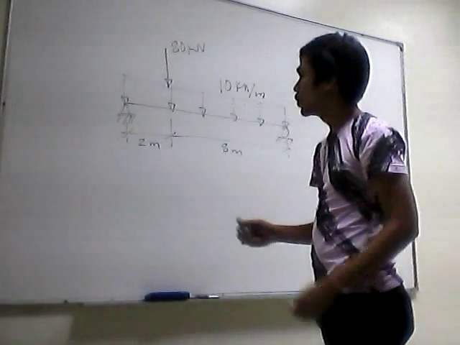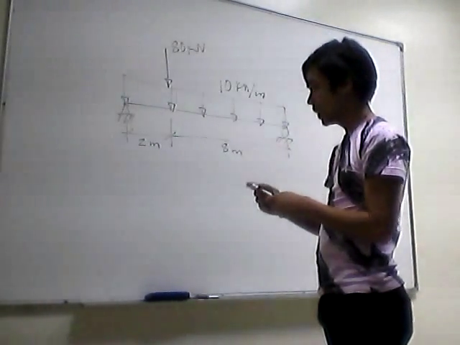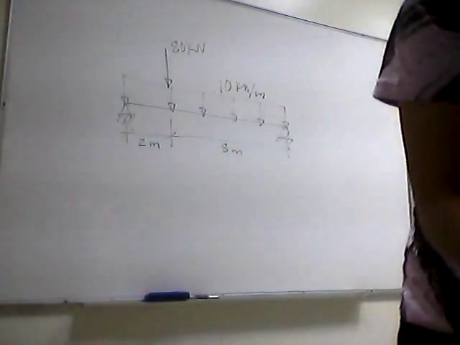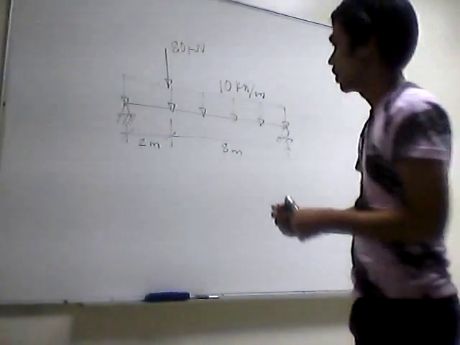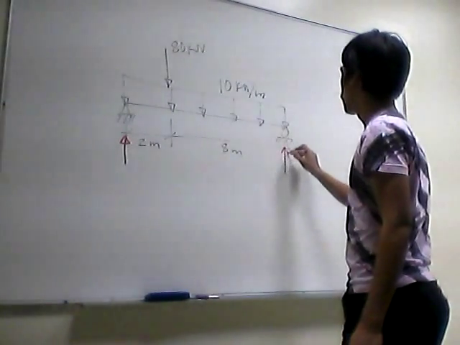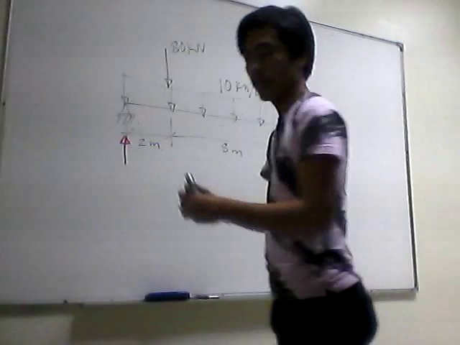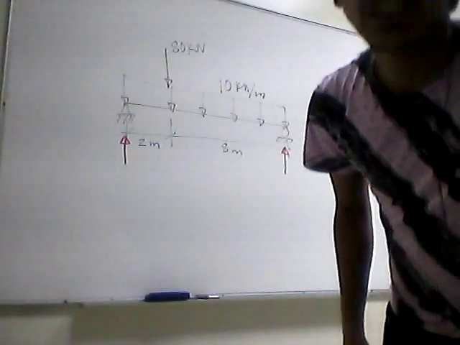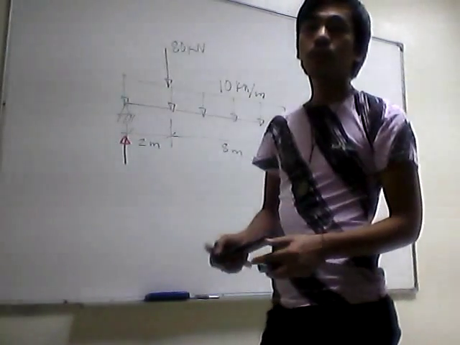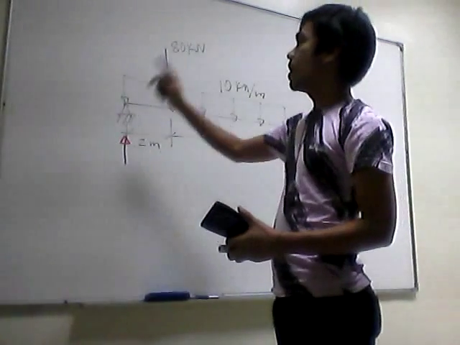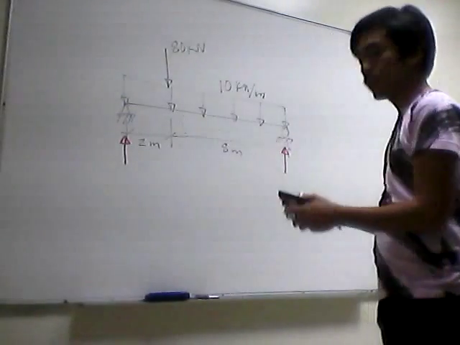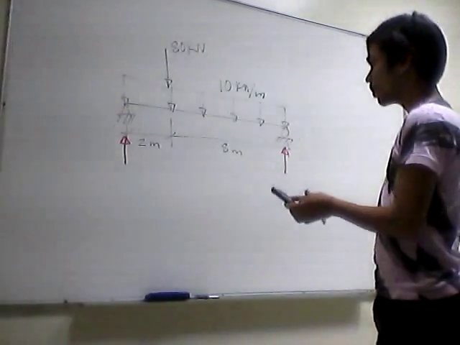So we are going to solve for the reactions first. We are not going to show the solution for the reactions anymore because I assume that you already mastered the solution for RA and RB.